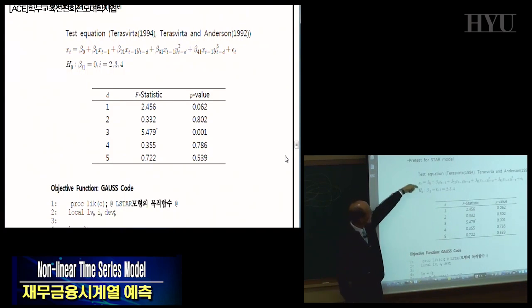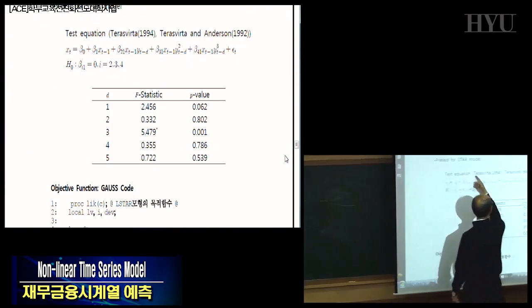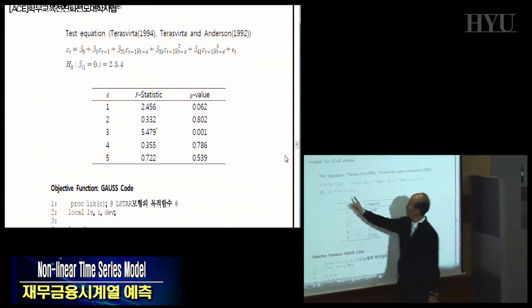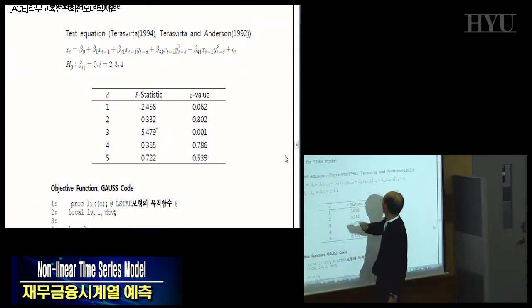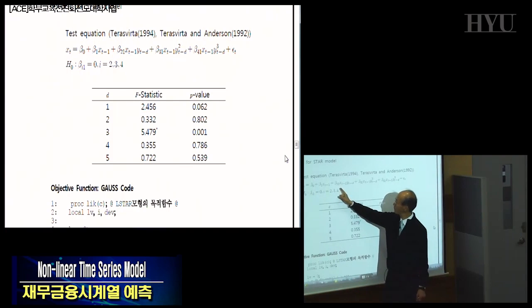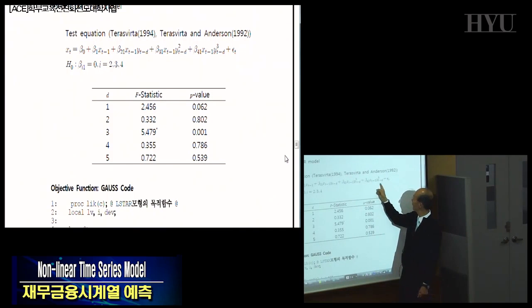For this test, Terasvirta and Anderson suggested an F-test, where you have a typical autoregressive process here, and then you have cross products here, y t minus d squared, y t minus d cubed.